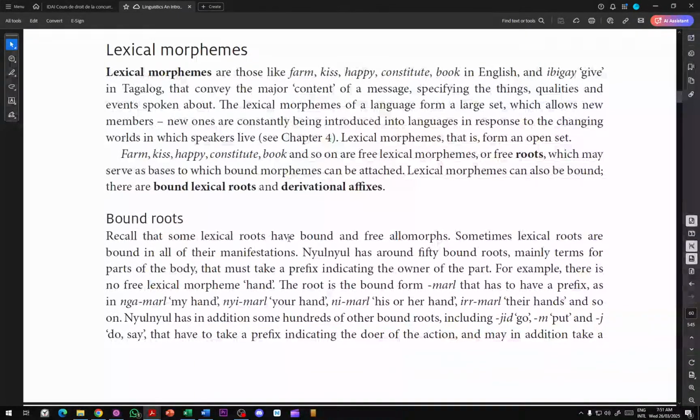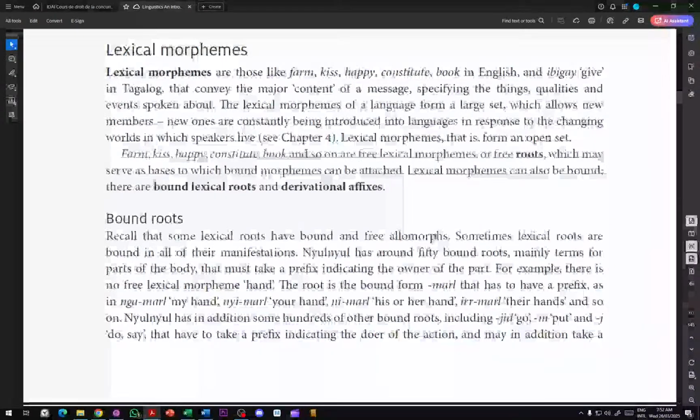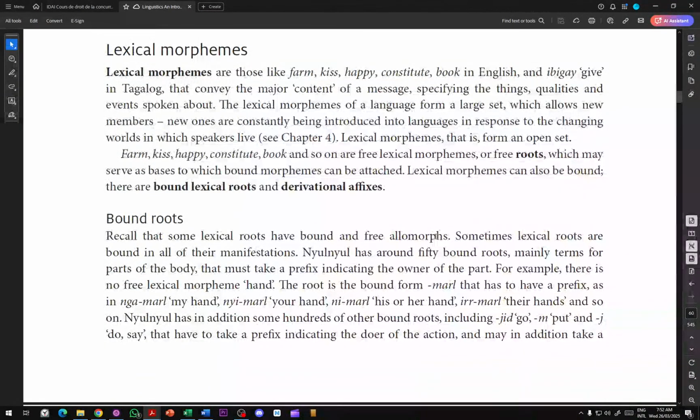Recall that some lexical roots have bound and free allomorphs. Apparently lexical roots have bound and free allomorphs.